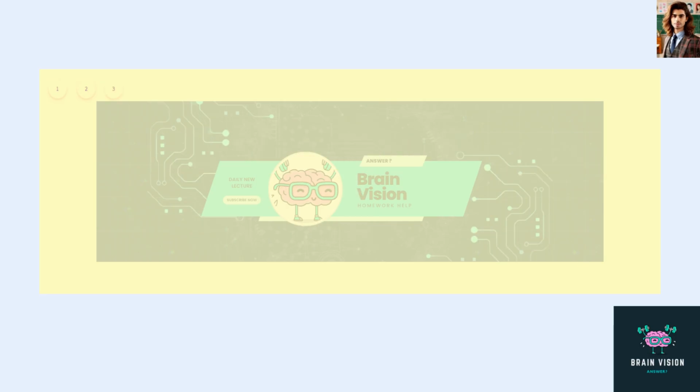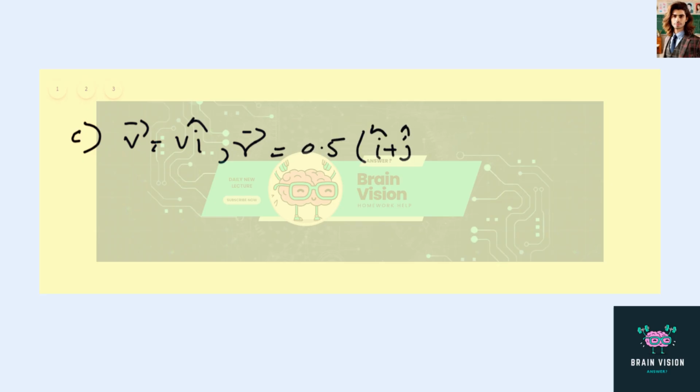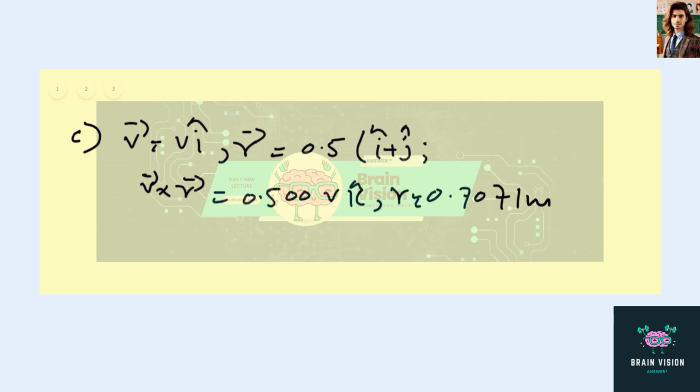Part C of the problem. Here v is again the same value in the i direction, where the r vector is 0.5 in i plus j cap. Then we can write v cross r as 0.500 v k cap, where r will be simply the magnitude, which is 0.7071 meter.